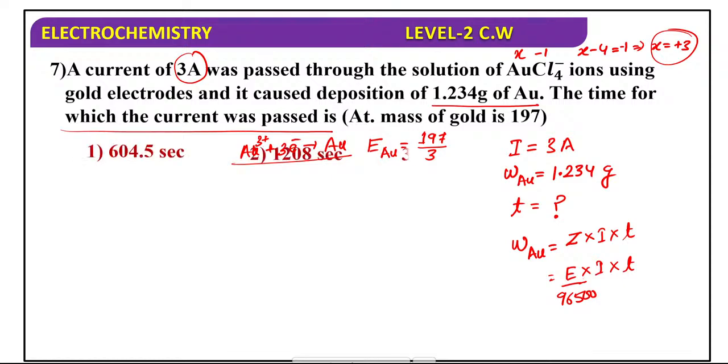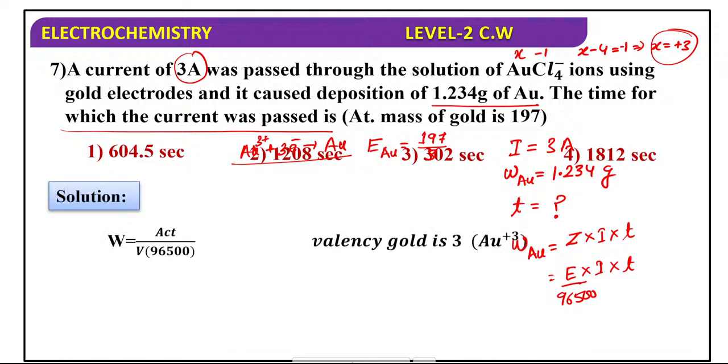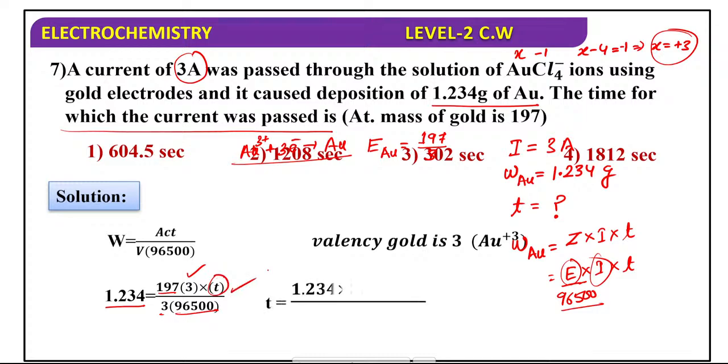So see, valency of gold is 3, weight of gold 1.234, equivalent weight is 197/3, current is 3 ampere, 96500, and time. So you have to calculate time. Time is 604.5 seconds. That's it.